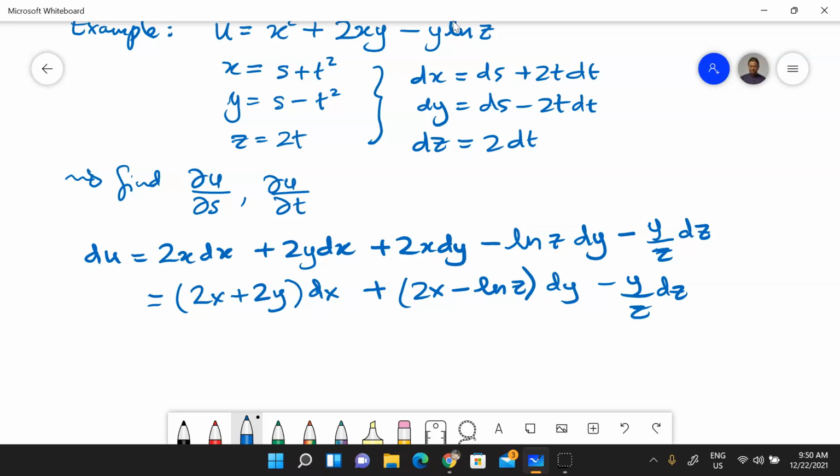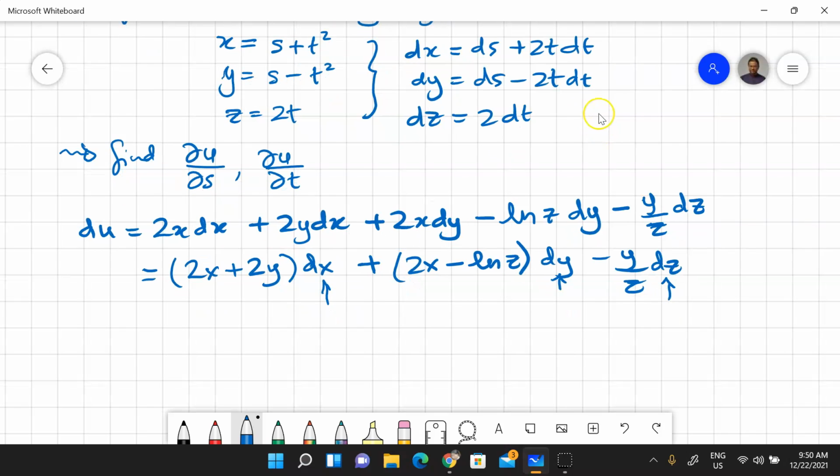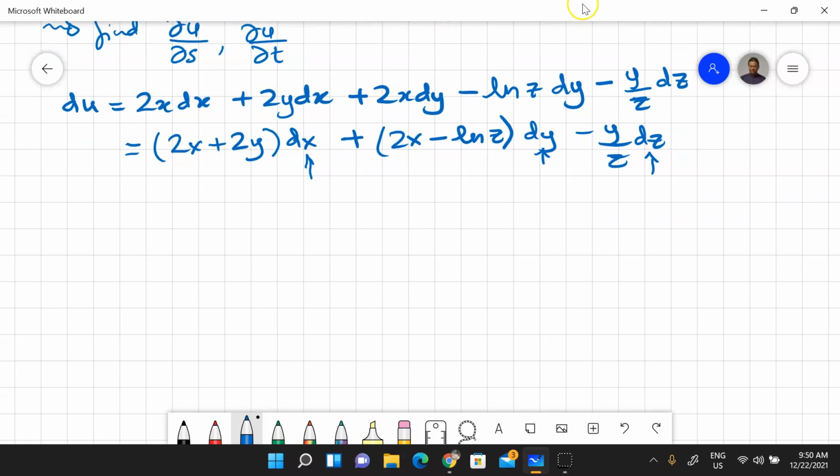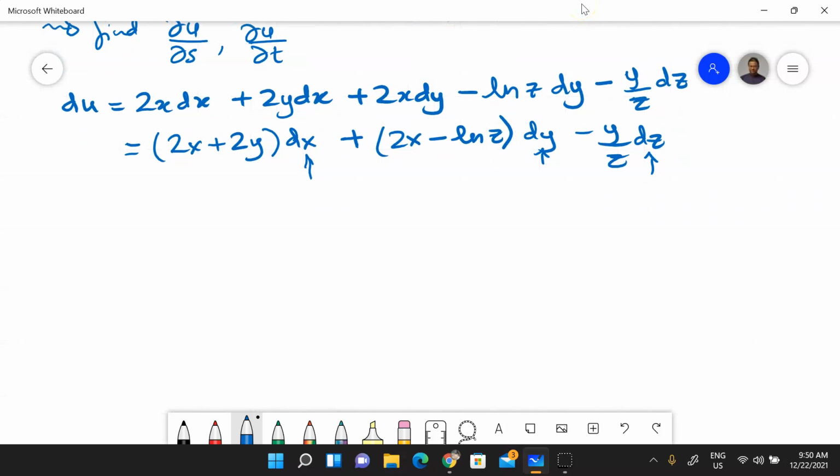Okay, but now what do we have here? We have your dx, dy, dz, which is already written on top here, so we can substitute those. Let me just write the whole thing down. It's going to be long. So what is your dx?